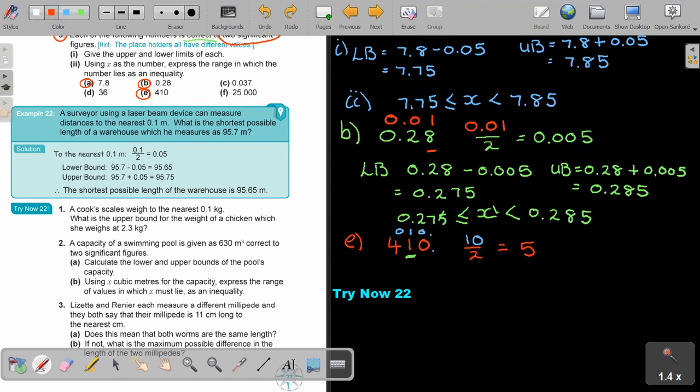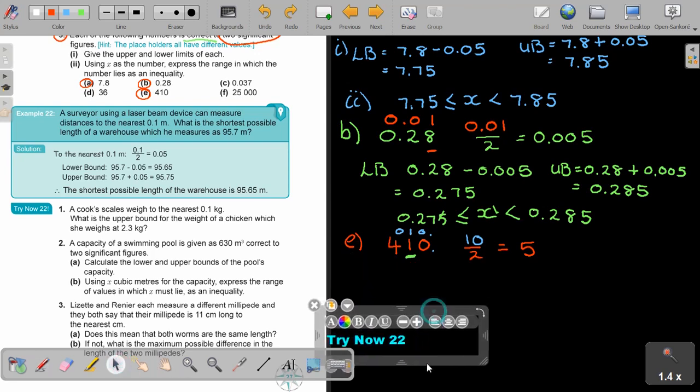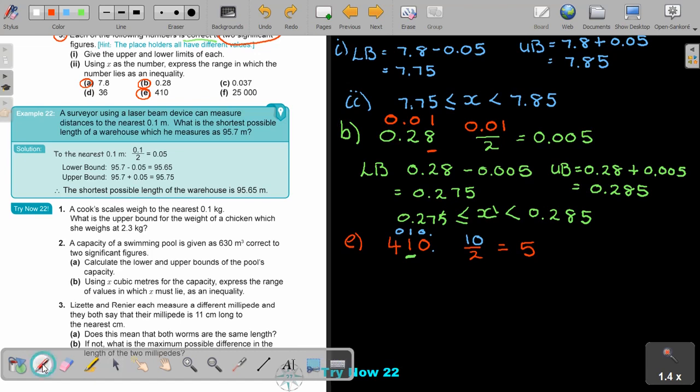I get 5. And then to get my lower bound, it's going to be 410 minus 5, which is going to be 405. And to get my upper bound, it's going to be 410 plus 5, which is 415.